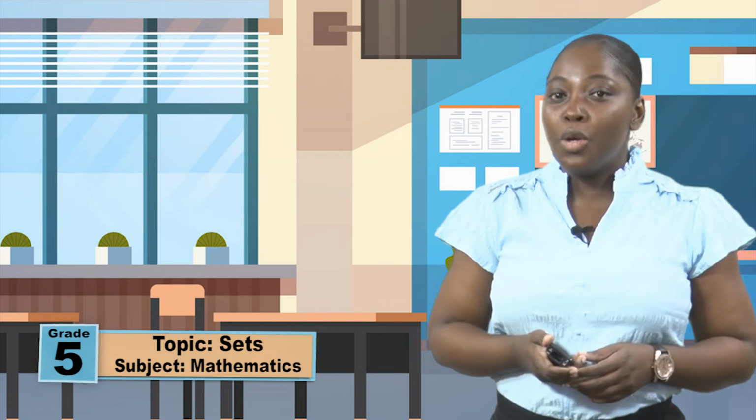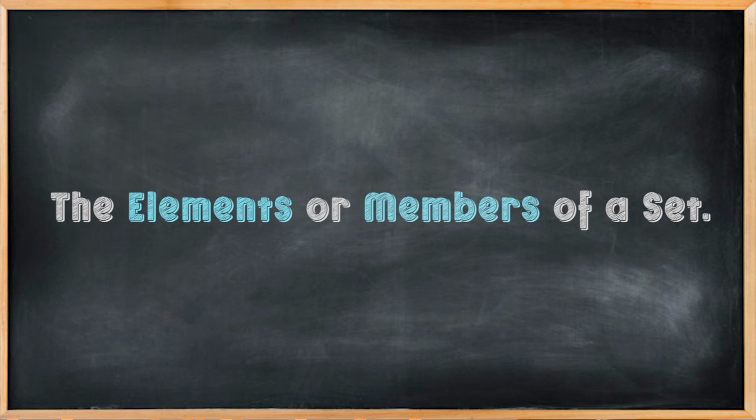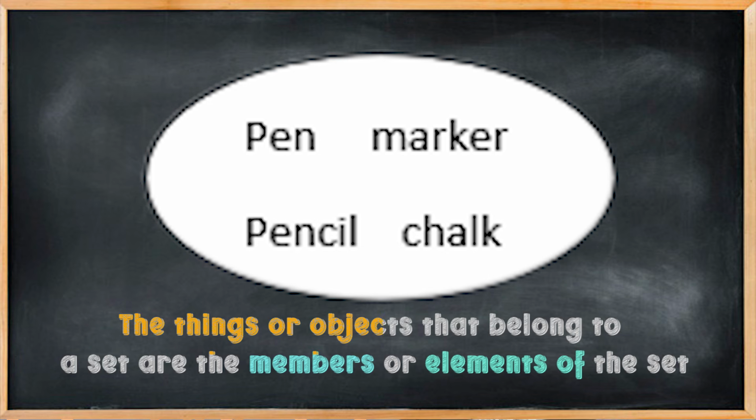So now that we know how to define a set, and we know how sets are represented, let us look at the elements or members of a set. Now here we have this set. The things or objects that belong to a set are the members or elements of that set.